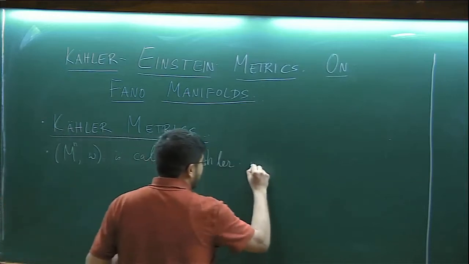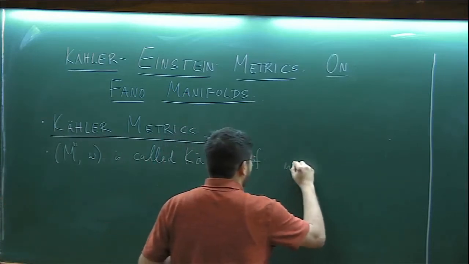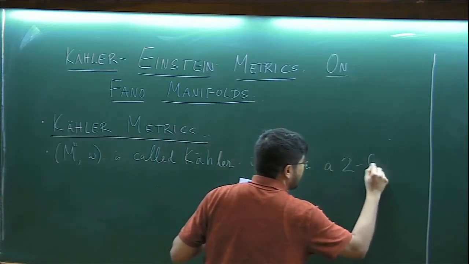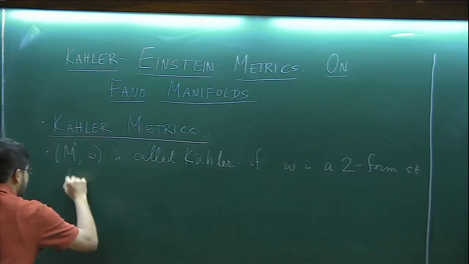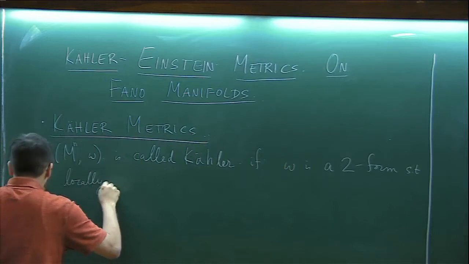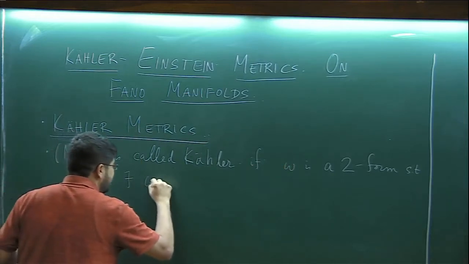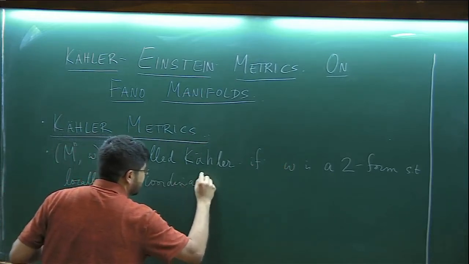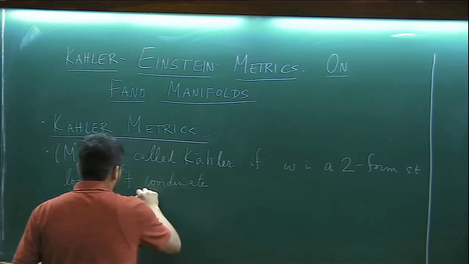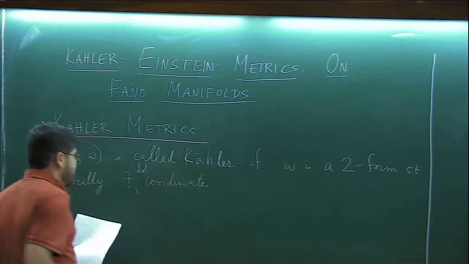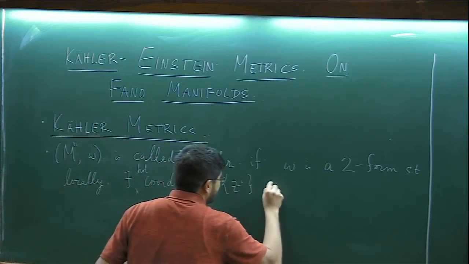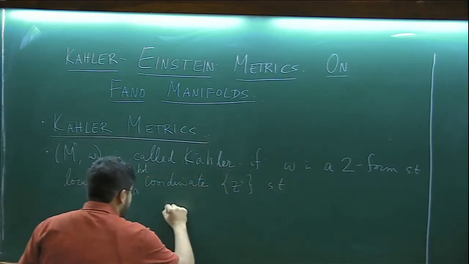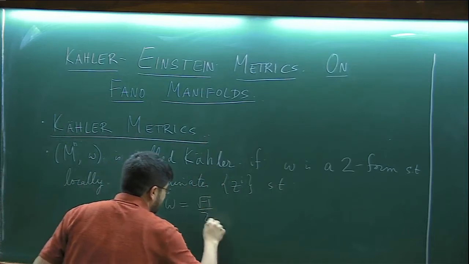So it's called Kähler if ω is a two-form such that locally we have this very nice system of coordinates. Whenever I say coordinates, I generally mean holomorphic coordinates, such that locally ω can be written as this.